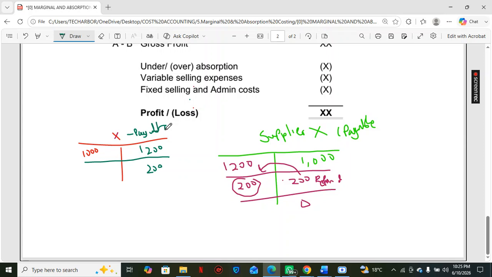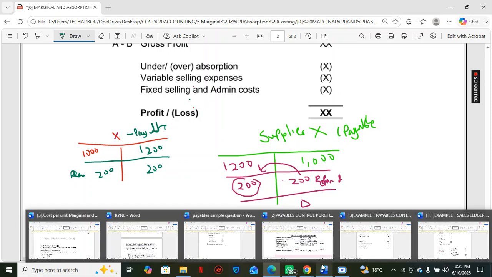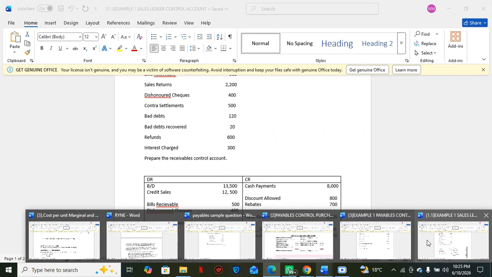So it means you need to pay this person back their 200. So when you pay them back, so that you clear the account, the refund goes on the debit side here.